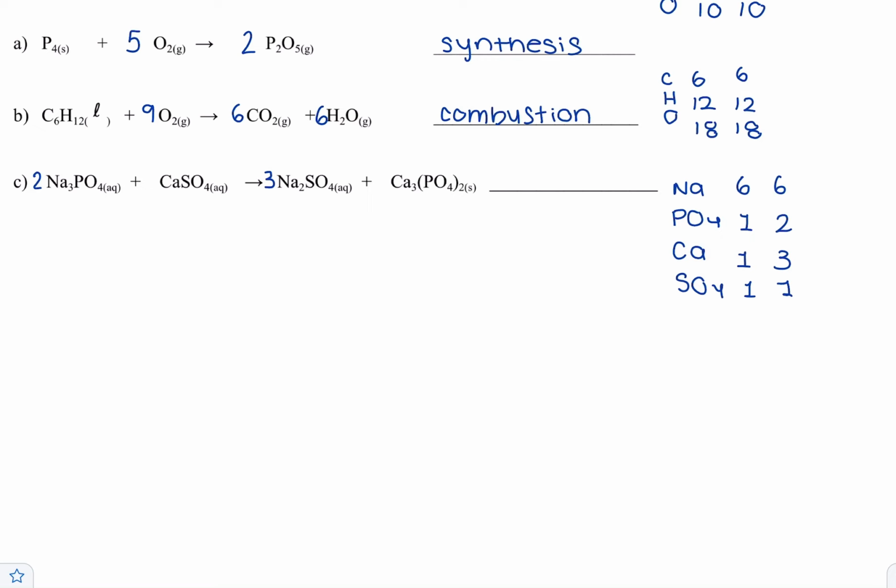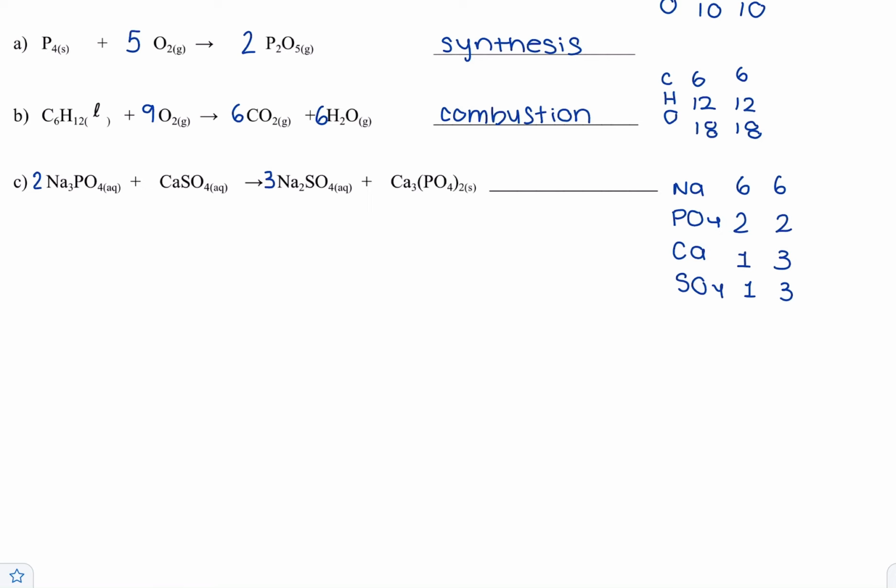But what I do need to consider is I just changed the number of phosphates and the number of sulfates I have. So if we take a look at the number of phosphates on the left side, we now have 2. And if we look at our sulfates, we now have 3 on the right side. So we can change that in our table.